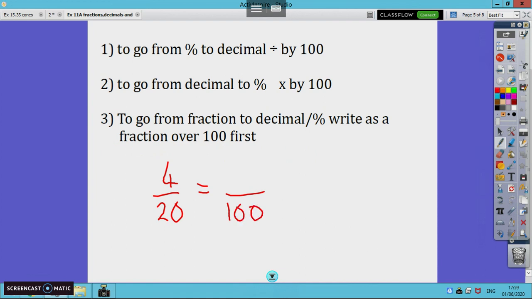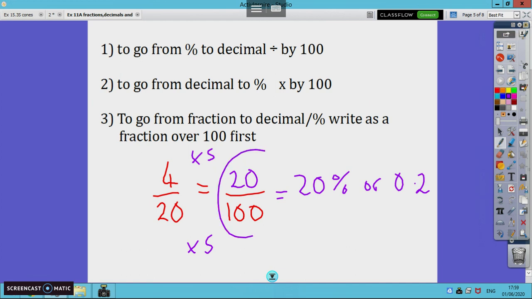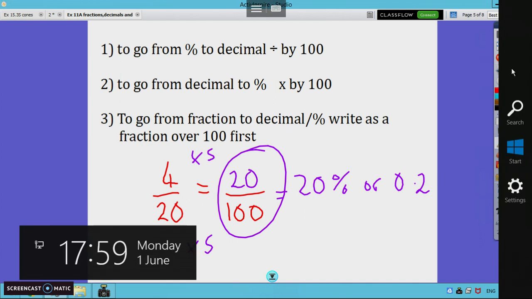So I'd need to find my equivalent fraction. 20 times by 5 gives me 100, so I need to times by 5 at the top. 4 times 5 is 20, so that's going to be 20% or 0.2, depending on whether you want it as a percentage or as a decimal. So there's another little example of how that could work. You must write it as an equivalent fraction over 100 first.